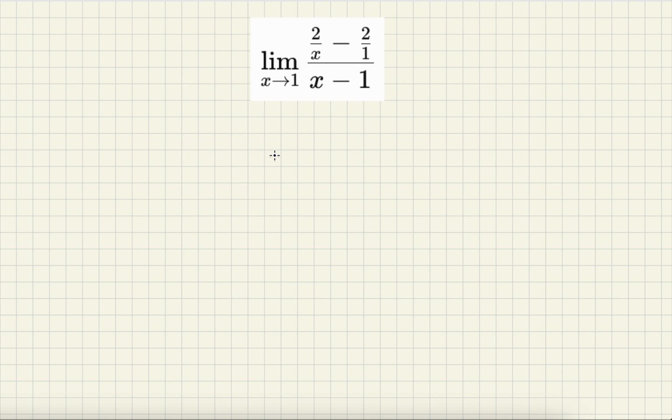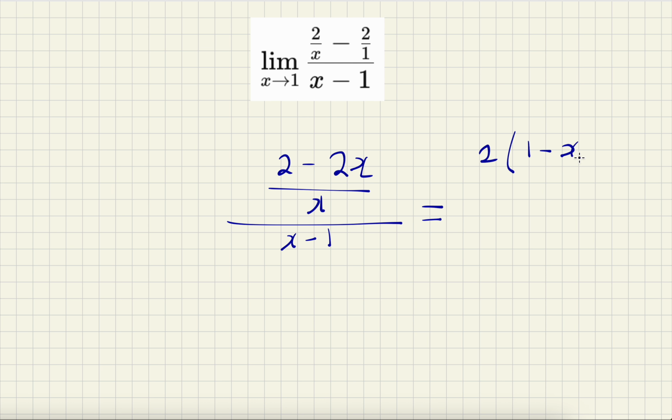So in this case, we find the common denominator for the numerator by using x as our denominator. We get 2 minus 2x over x, the whole over x minus 1. Now if we simplify this a bit, we get 2 times 1 minus x over x times x minus 1.